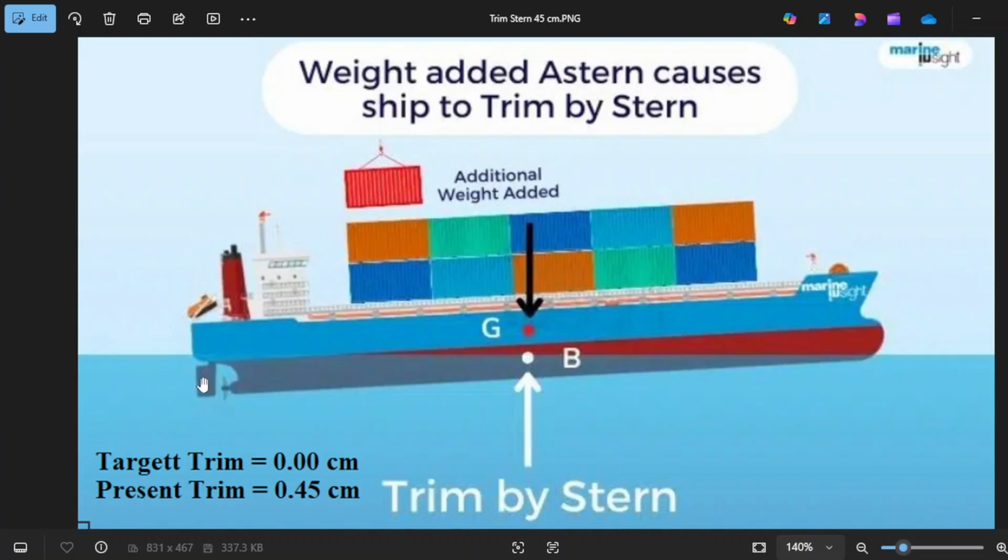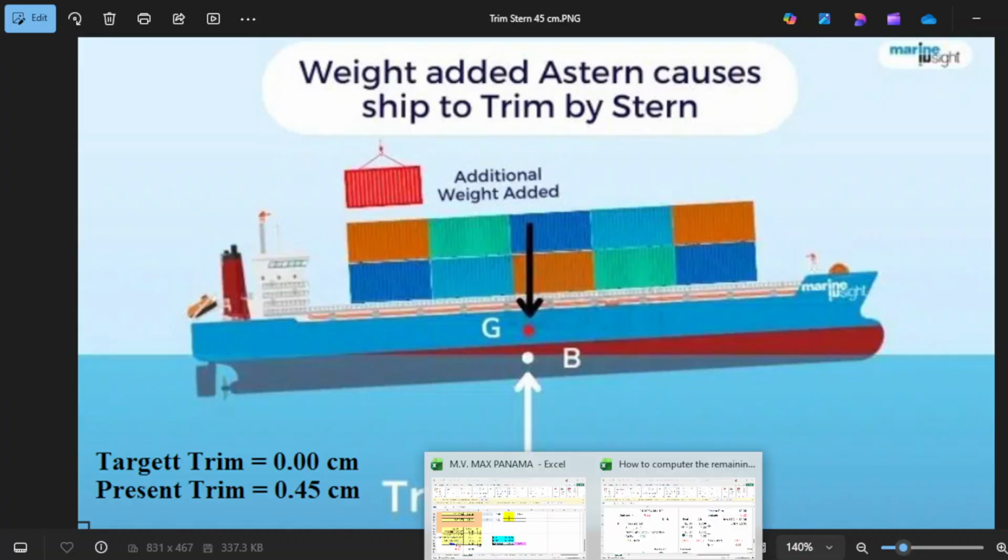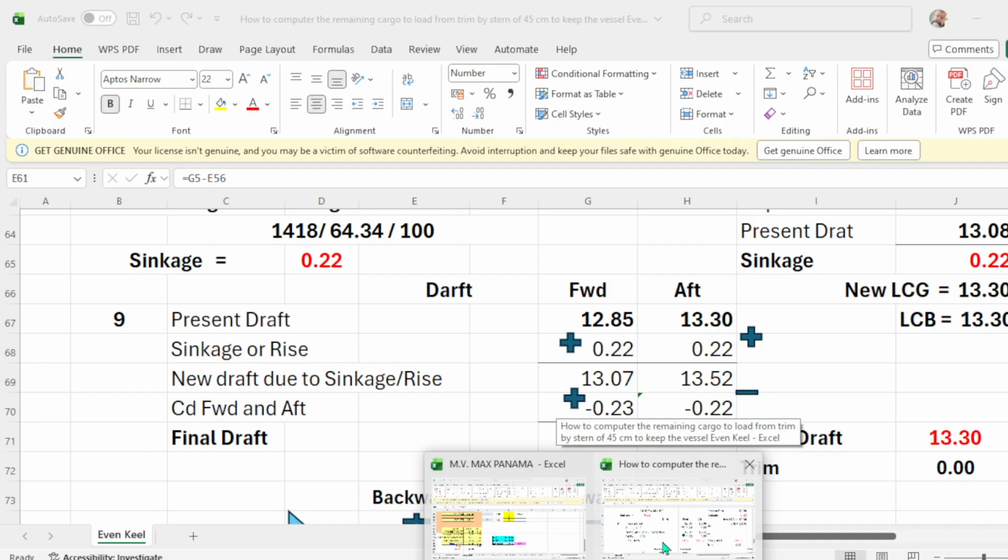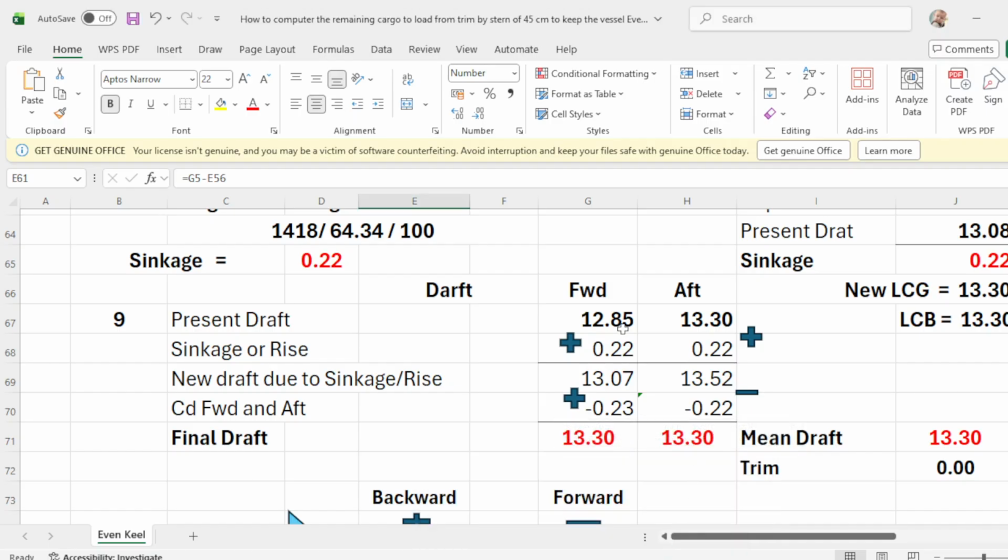So from your present drop of 12.85 and 13.30, you put the weight of 1418 into your vessel, then you will sink. The vessel will sink.